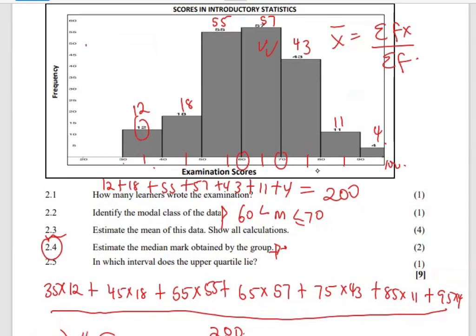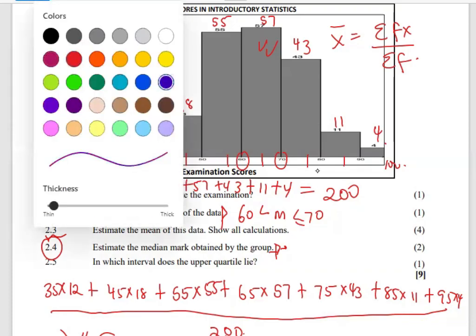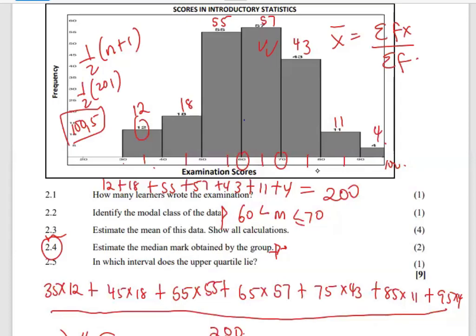Alternatively, somebody could say a half of n plus 1, which is basically a half of 201, which will give you just 100,5. So the question is, where do we find 100,5 if we are to add up these frequencies? So 12 and 18 gives us 30, okay?